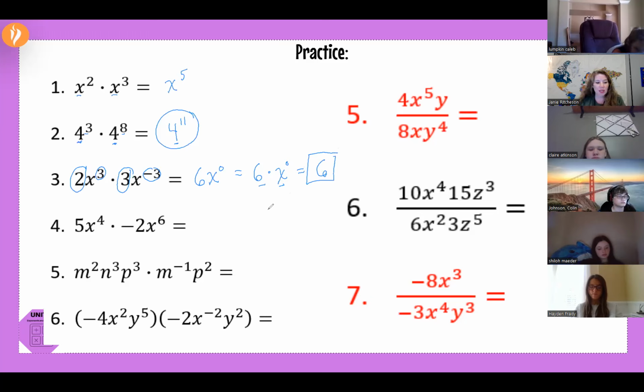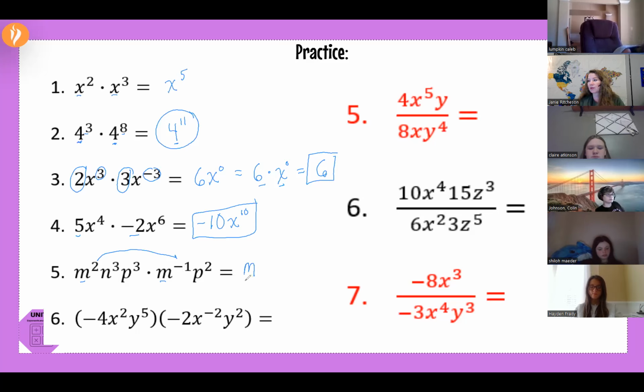Okie dokie. All right, number 4, you're going to multiply 5 and negative 2, and we get negative 10. And then we take those exponents, we add them, and we get negative 10 times x to the 10th. Number 5, we get the same numbers, I mean, the numbers that have the same base. So 2 plus negative 1 is positive 1. So we have m to the first.